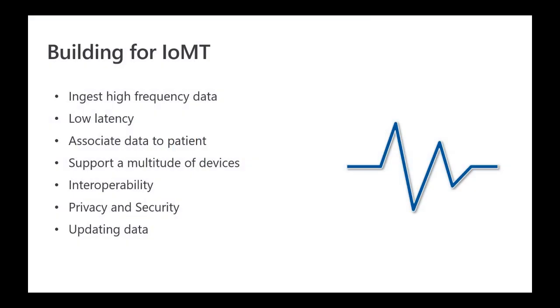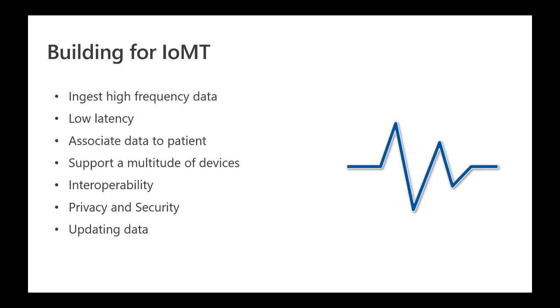So with that brief introduction, what are some of the challenges of implementing an IoMT solution? If you're going to be building your own IoMT solution, there's several things that you may need to account for. The first is ingestion of high frequency data. Not all devices are high frequency.